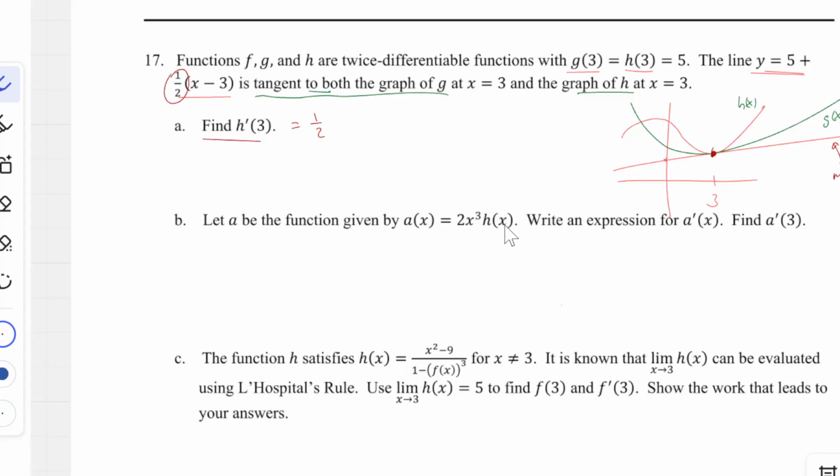But the AB function given on the right is totally separate. So this is another conceptual question, but they want you to do the derivative of this, which requires product rule. You should probably just skip this one. Find A. So then you plug in 3 to both of these.